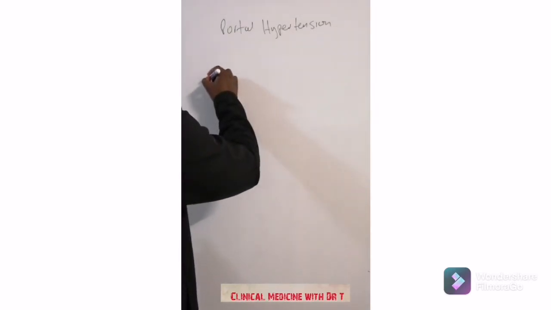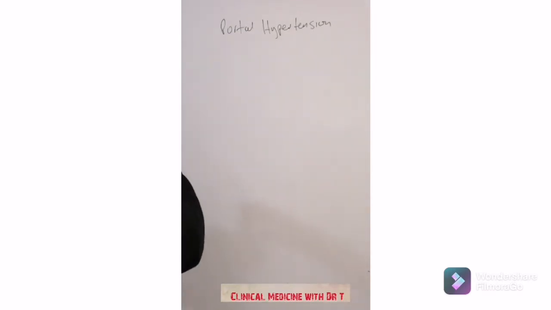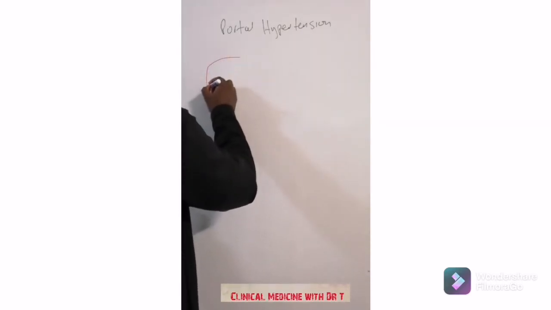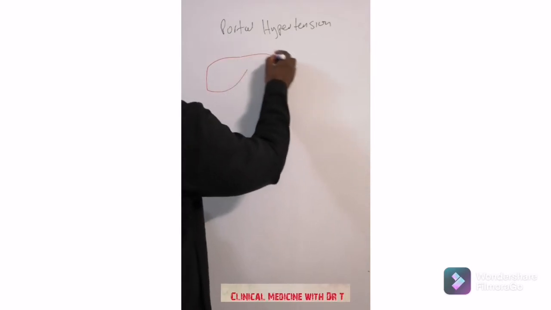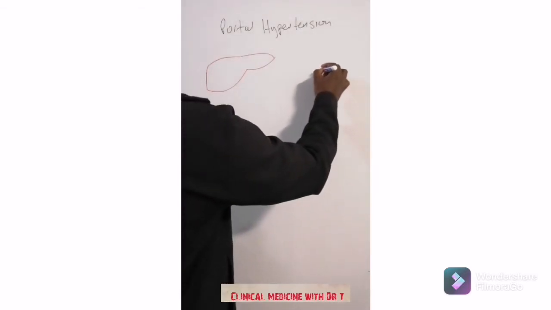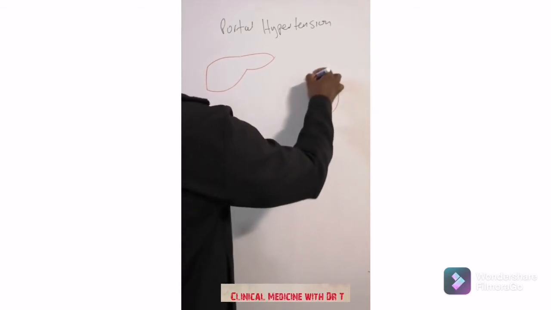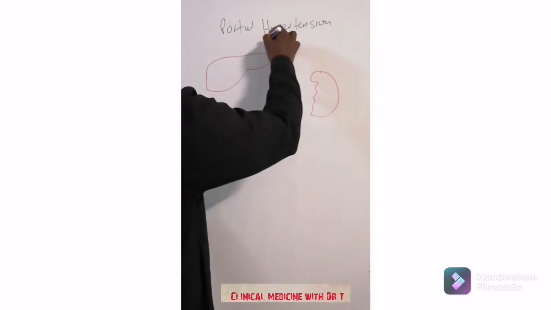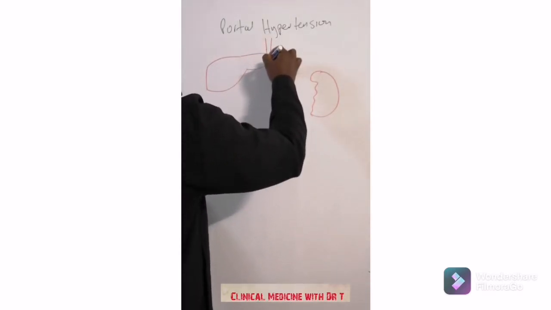So we have a liver here, that's our right and our left lobe, and then we have a spleen here, and then we have our stomach here.